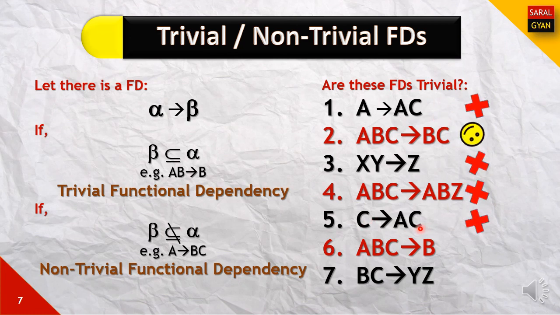C to AC: A is not available, so not a trivial functional dependency. A, B, C to B: B is available. There is only one attribute at the beta side and that is available, which means this is a trivial functional dependency. B, C to Y, Z: it is clearly visible that Y, Z are not available on the alpha side, so this is also not a trivial functional dependency.